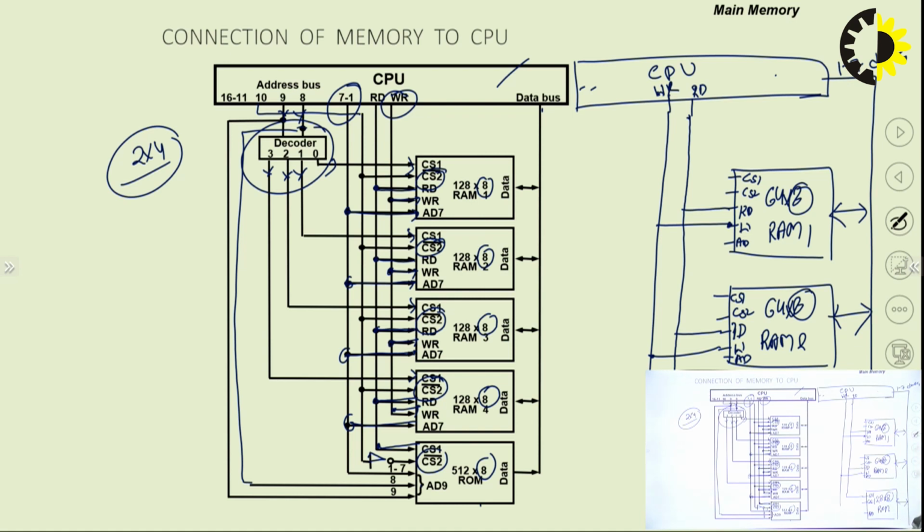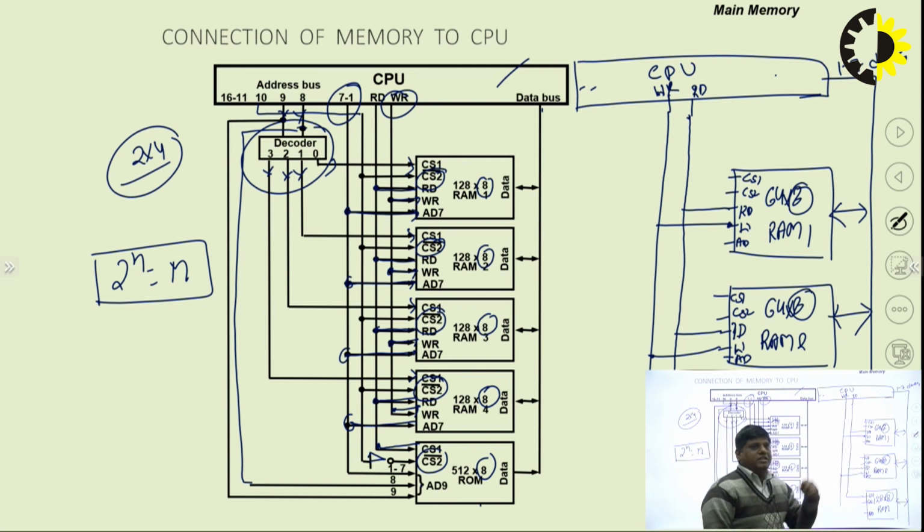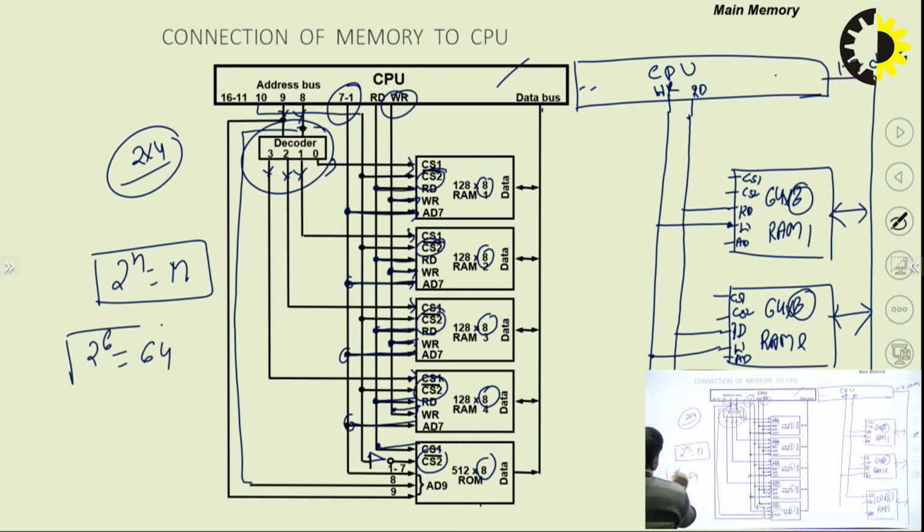Okay. Now for the third condition, we calculate the address lines of chip number 1, chip number 2, and chip number 3. What is the size of the memory? We use the formula 2 to the power n. With this formula, we find the total number of address lines present in the RAM, and the total number of address lines present in the ROM chip. Now 2 to the power 6 is 64.